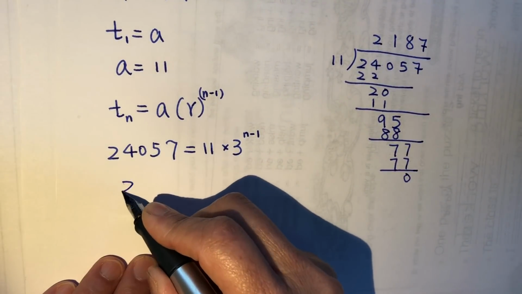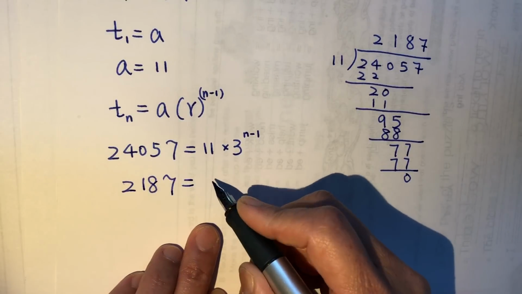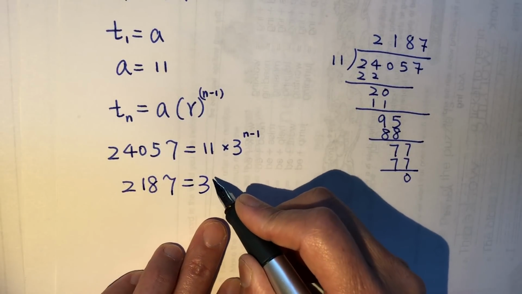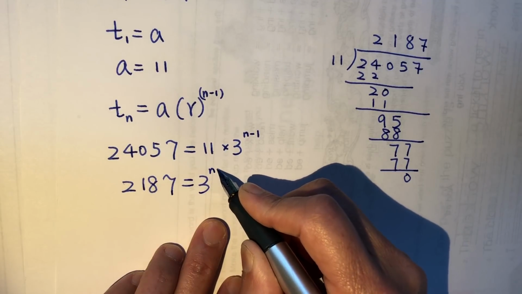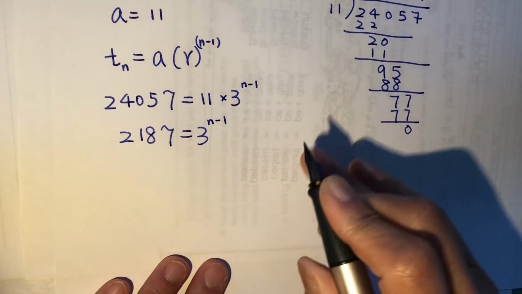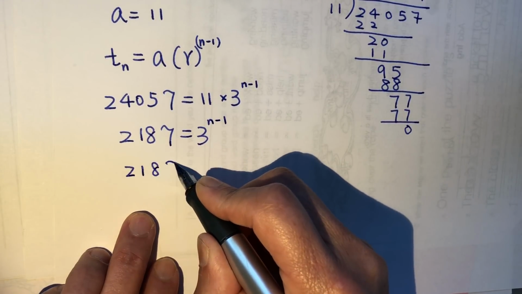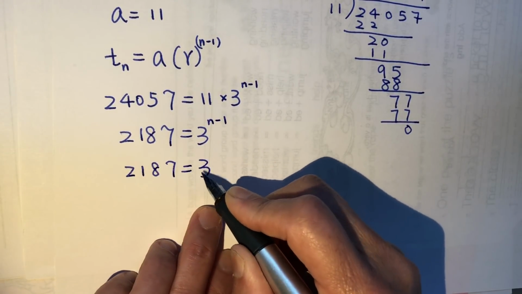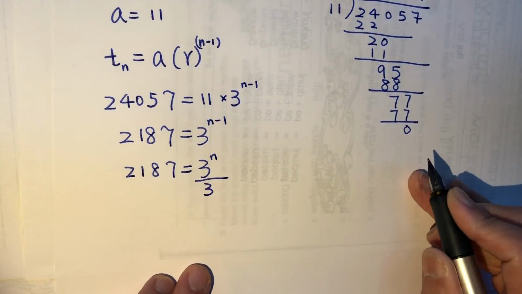So 2187 equal to 3 to the power of n minus 3. So we can write it this way: 2187 equal to 3 to the power of n divided by 3, right?